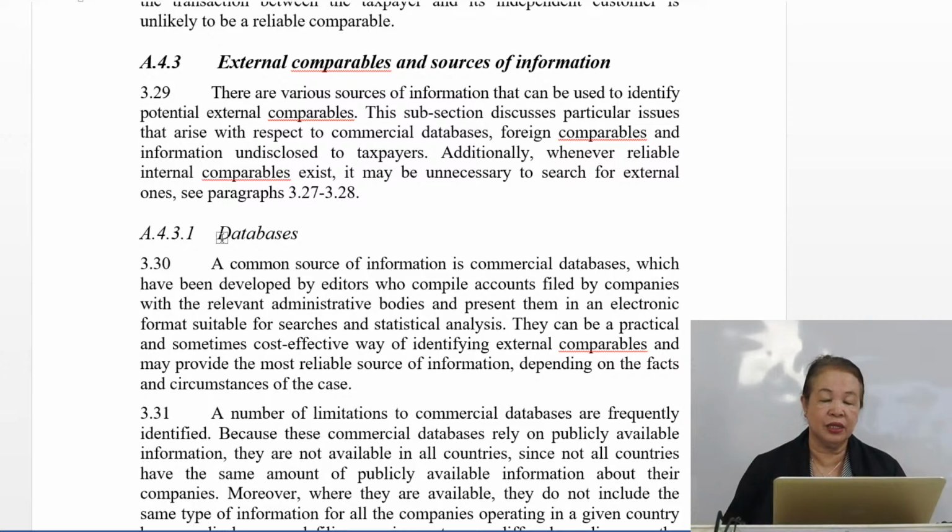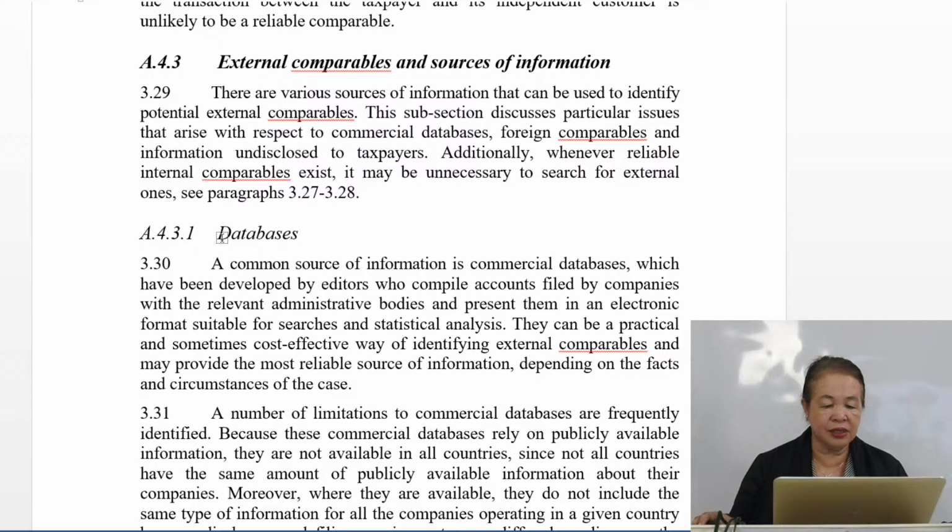Ito yung mga nakuha ng tax authorities na mga information about the taxpayers from the third party, pero hindi siya alam ng taxpayers na meron ang tax authorities, no? So additionally, whenever a reliable internal comparable exists, it may be unnecessary to search for external ones. So kung meron nang available internally, hindi na kailangan ng external, no?